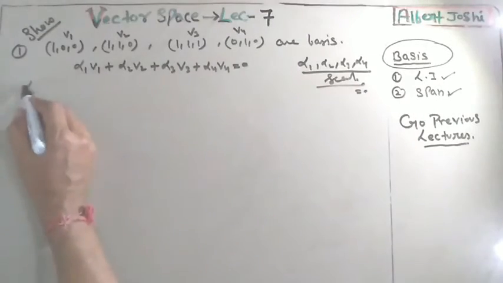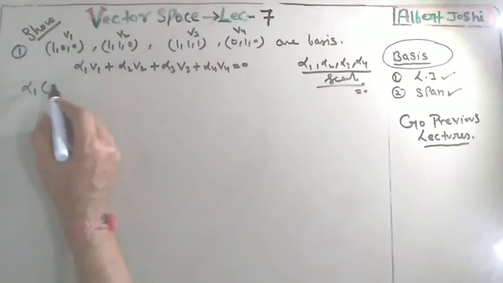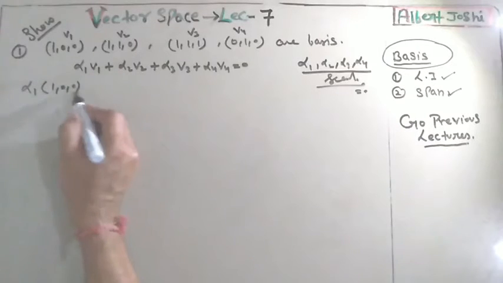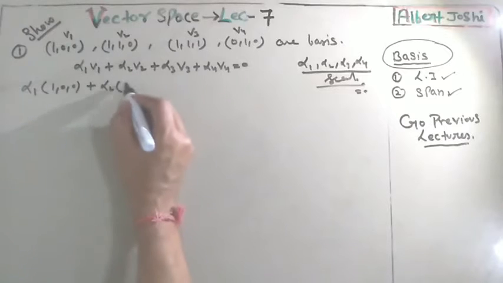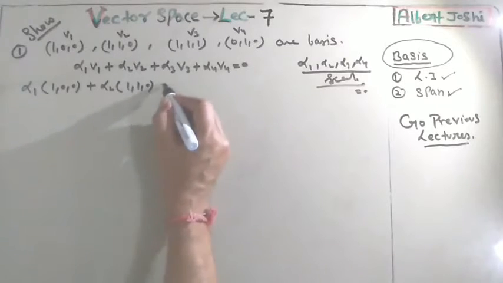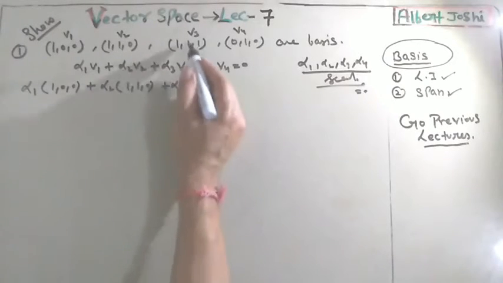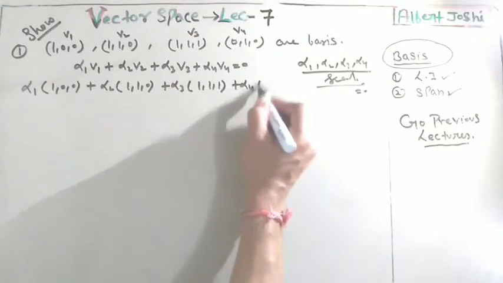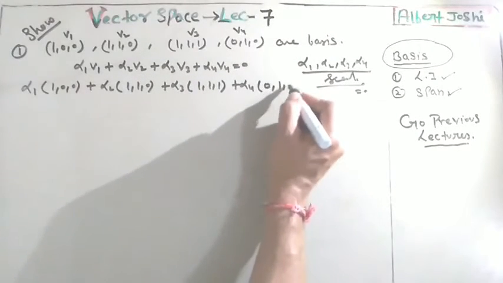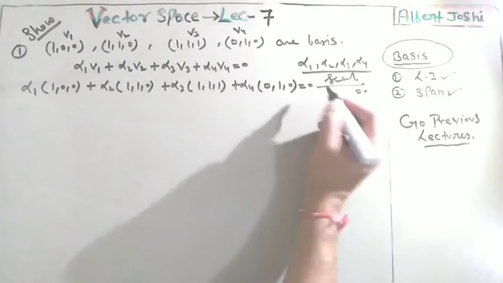So alpha 1 into (1, 0, 0), plus alpha 2 into (1, 1, 0), plus alpha 3 into (1, 1, 1), plus alpha 4 into (0, 1, 0), is equal to 0.